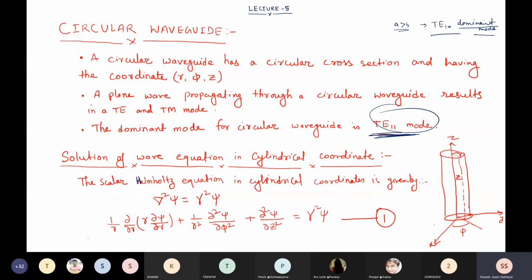To find the solution of the wave equation in cylindrical coordinates, first take the Helmholtz equation and write del square in terms of the differential equation.